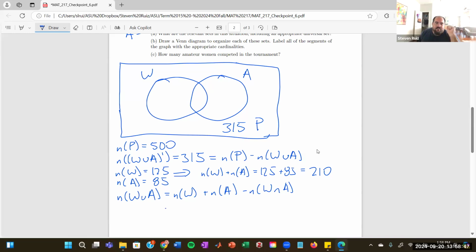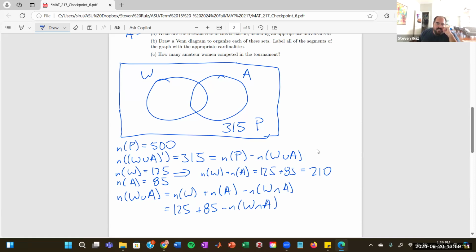So do I know what the cardinality of W is? It's 125. Do I know what the cardinality of the amateur set is? That's 85. The cardinality of the intersection is what I'm trying to find. Do I know the cardinality of W union A?